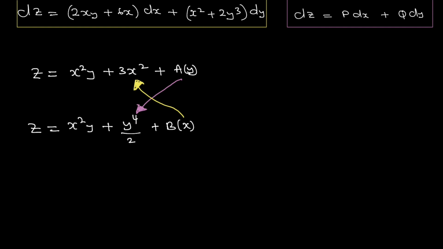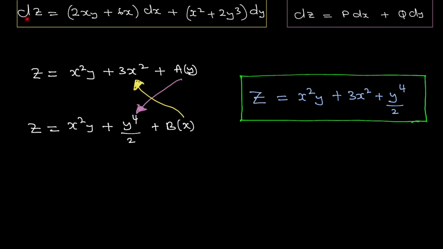So I can write this equation in terms of either a(y) and then replace a(y) with that, or I can write it in terms of b(x) and replace b(x) with that. So I'm writing z equal to x squared y, which is common to them, plus 3x squared plus, instead of a(y), y to the power 4 over 2. And that's the solution for z.